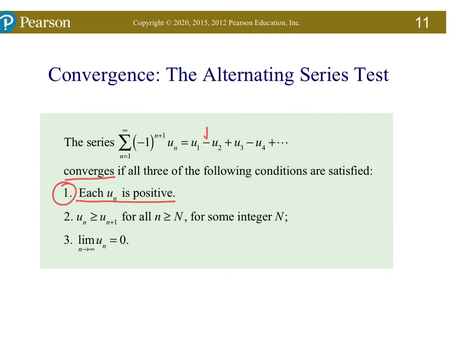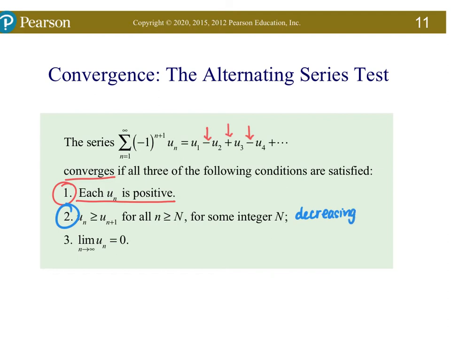So there's a negative followed by a positive followed by a negative. But the u's themselves are all positive, absolutely positive. So that has to be true. It's a fancy way of saying it. Your alternating has to happen with a positive followed by a negative, positive followed by a negative. The second is that it has to be decreasing.